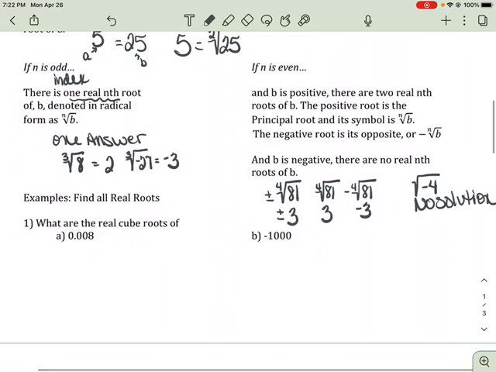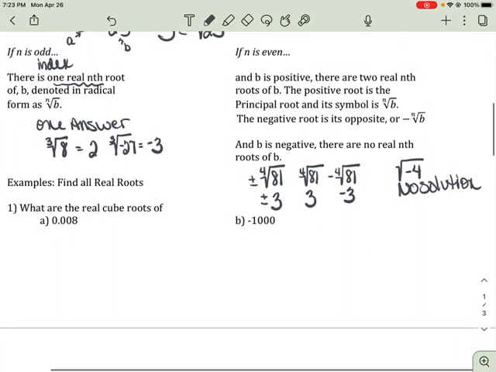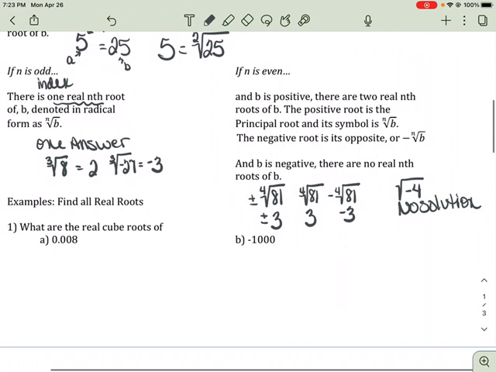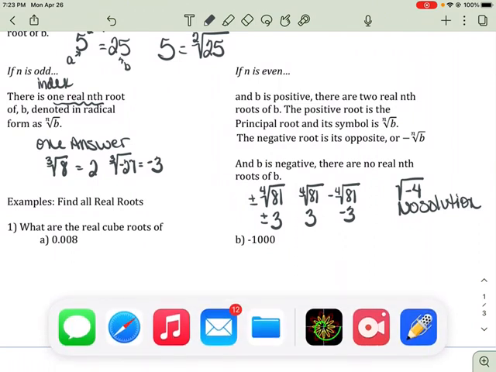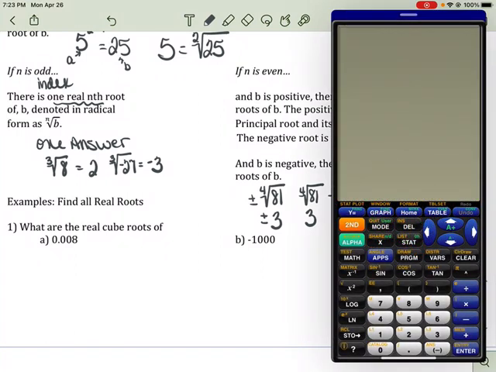Okay, so let's find some answers. What is the cube root of the following? Now, I don't know about you, but I don't know all the cube roots and fourth roots and fifth roots, so I may need some help with my calculator. Let's see if it's going to shut off. Okay, whew, it didn't. Sometimes it shuts off on me. If I wanted the cube root of 0.008, I'm going to go to math, number 4, which is cube root.